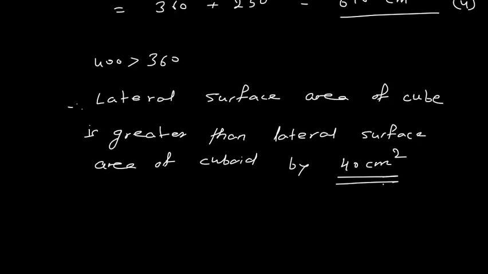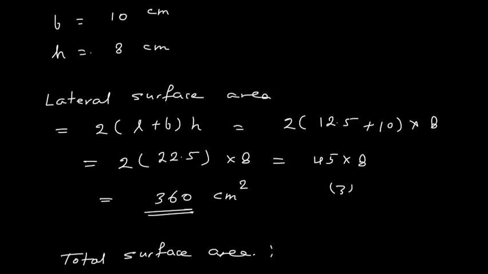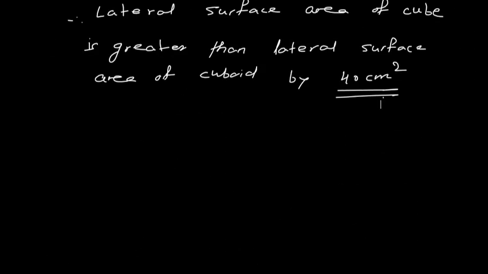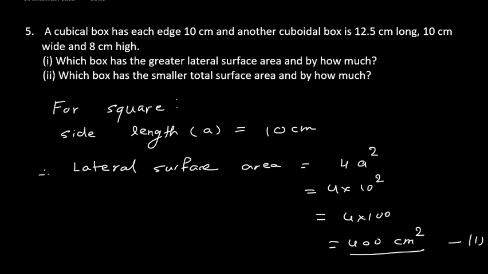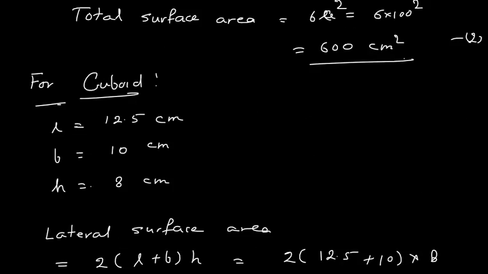Okay, and here we are getting 610, and there we are getting 600. As 600 is less than 610, we will say that total surface area of cube is smaller. Which box has smaller total surface area and by how much?